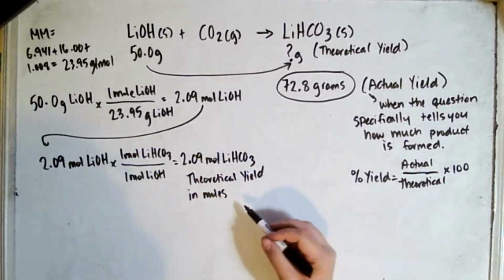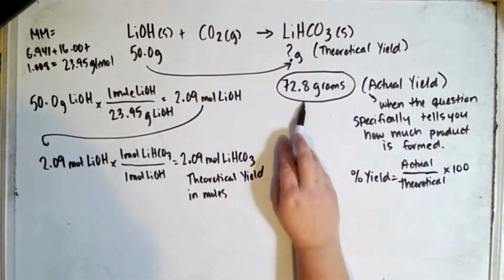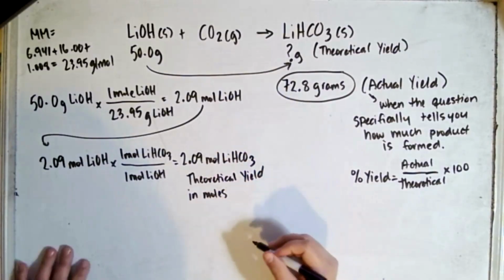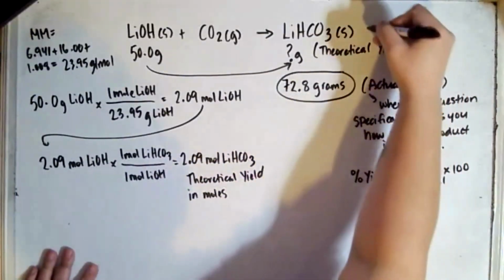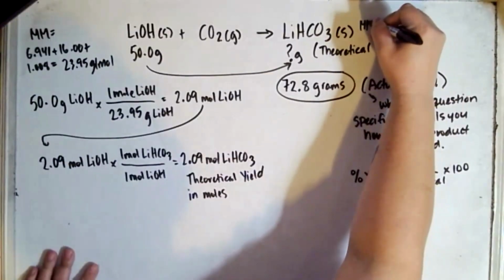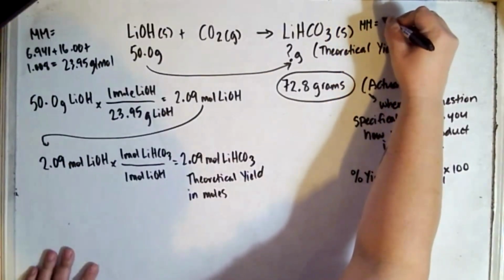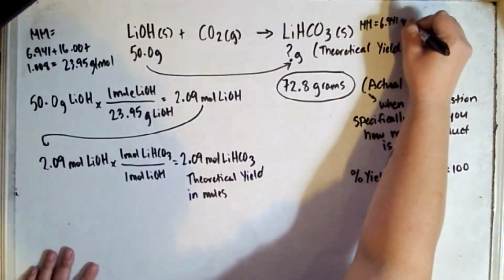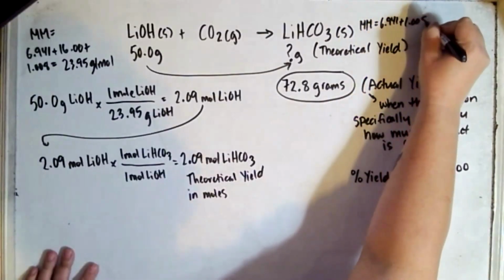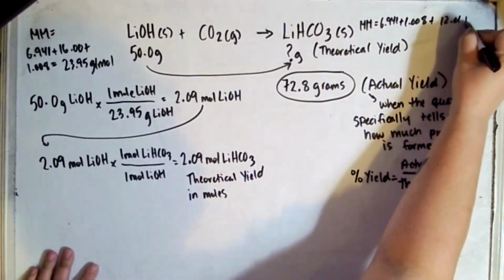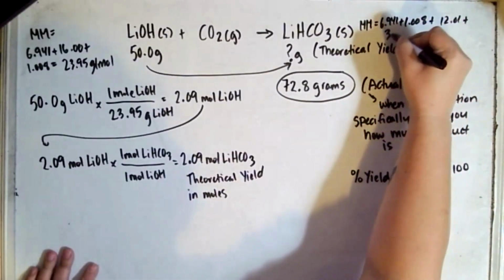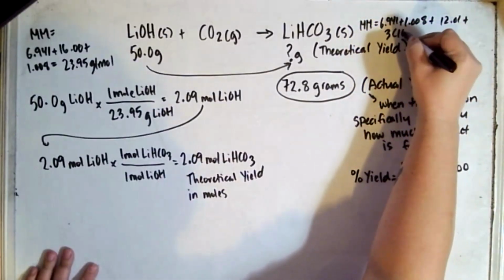But I'm going to want a theoretical yield in grams because they gave me my actual yield value in terms of grams. Okay. So I'm going to need a molar mass value for the lithium hydrogen carbonate. So let's do a molar mass calculation up here. 6.941 plus 1.008 plus 12.01 plus 3 times 16.